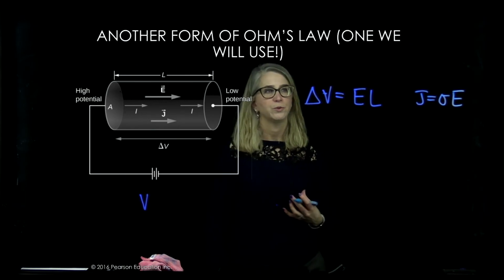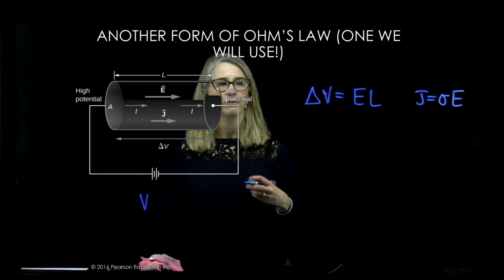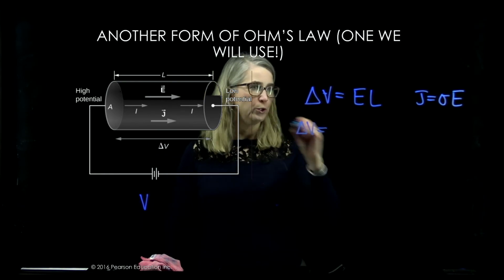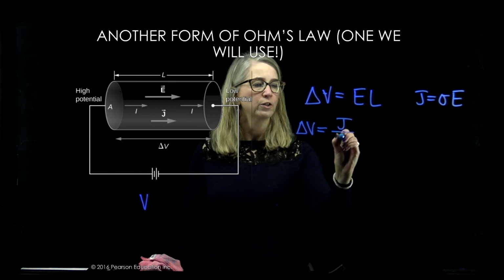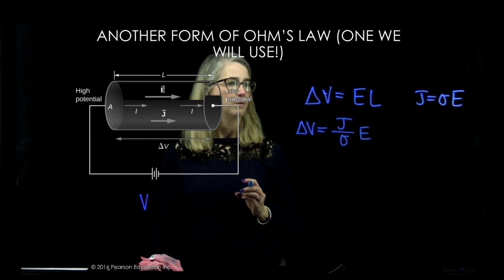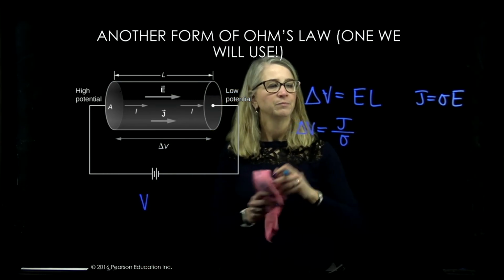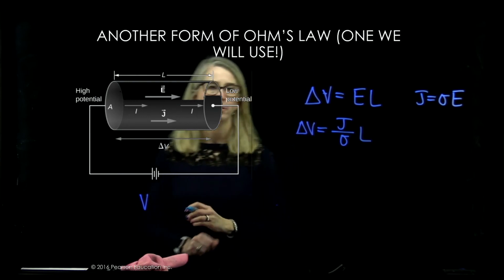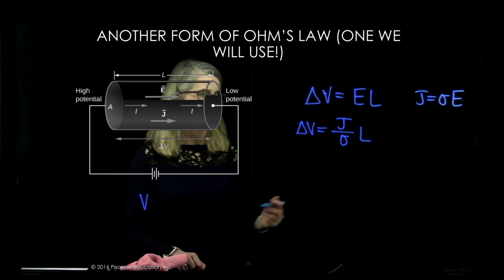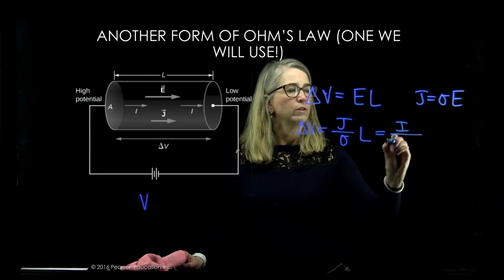So let's use that to replace the electric field. We have delta V is equal to J over sigma times L. I'm sorry, I substituted J over sigma for the electric field, E, right there, times L. I just made a little mistake there for a moment. The current density is the current over the area.